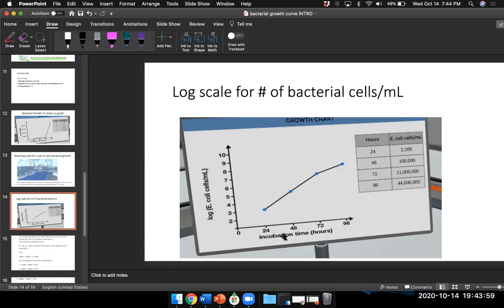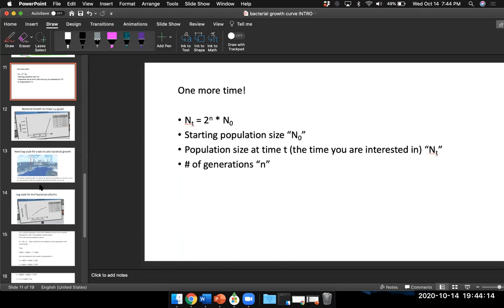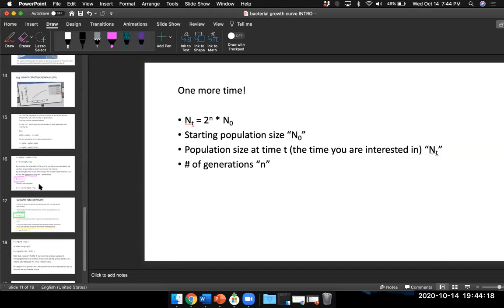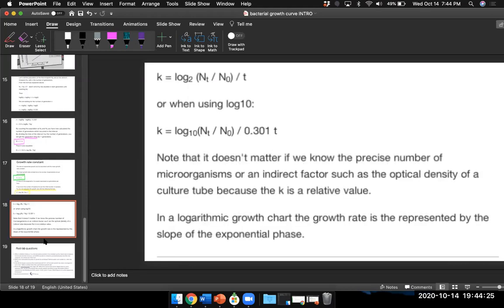And you still keep your incubation time in hours. That did not change, the only thing that changed was the y-axis for log. Okay, so hopefully that helped you understand why we use the log scale. With the math, you really just have to practice. You can read it as many times as you want, but until you really go through the examples and practice it, it might not make sense.